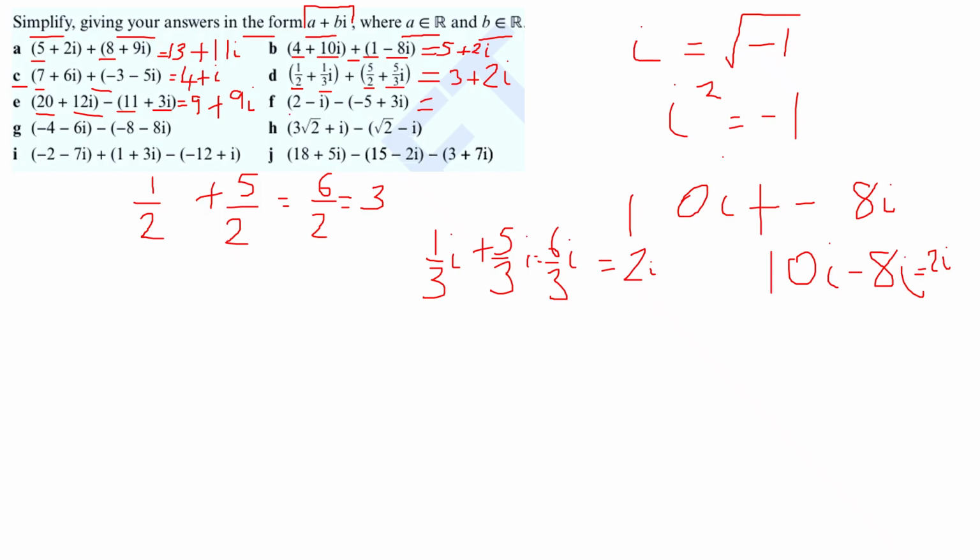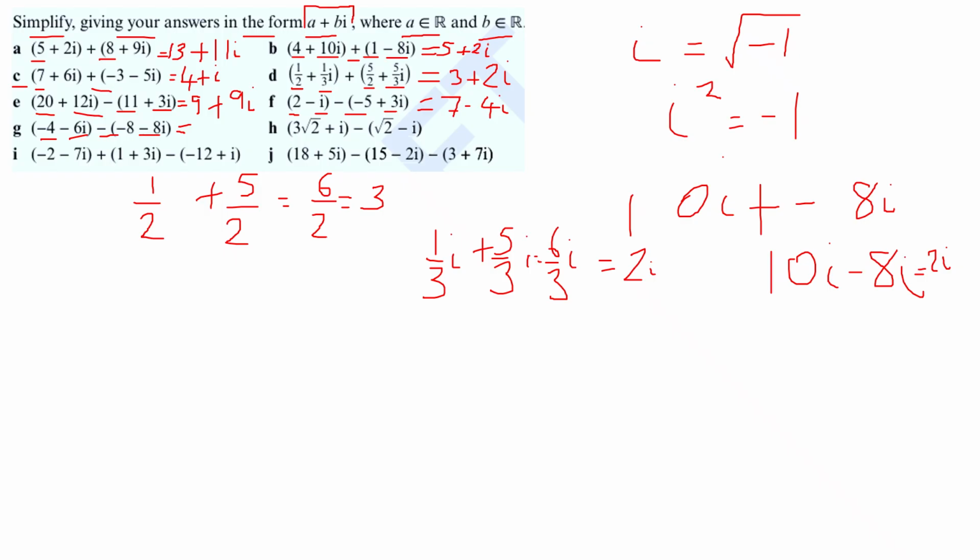Next up, part F, 2 minus i minus 5 plus 3i. So 2 minus minus 5 is 2 plus 5, which is 7. Then I've got minus i, and I'm subtracting another positive 3i, makes minus 4i. Part G, minus 4 minus 6i minus 8 minus 8i.